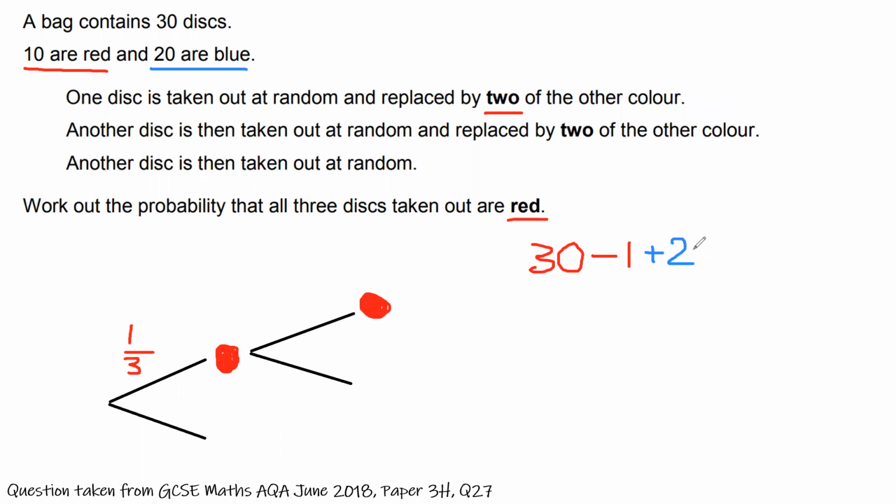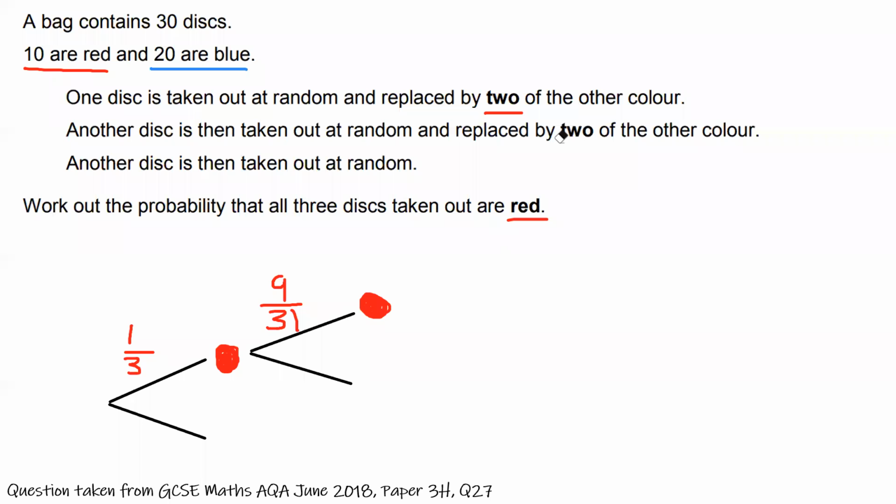So we now have 31 discs. We had 29, then we've added 2, so we've got 31 discs. And of those, we started off with 10 that were red. We've taken out 1 red one, so we now have 9 red discs remaining. So we've got 9 over 31 as the probability of the second disc that we pull out being red.